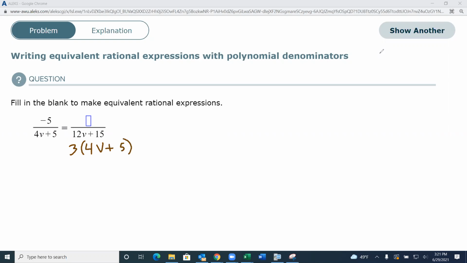Then I can explicitly see that I multiplied the 4v plus 5 by 3 to get the new result. If you can see it without the factoring, that's fine. Which means I should multiply the top by 3 as well. So negative 15 is what goes in the box. It's the exact same concept as the last one, just slightly messier.